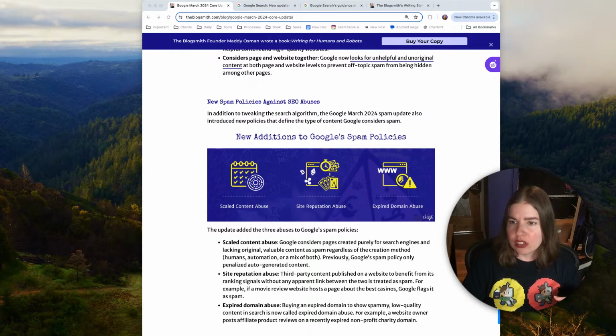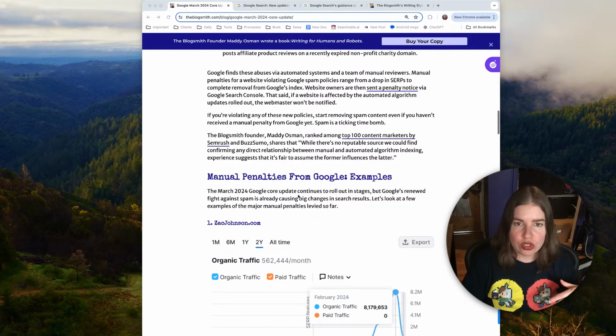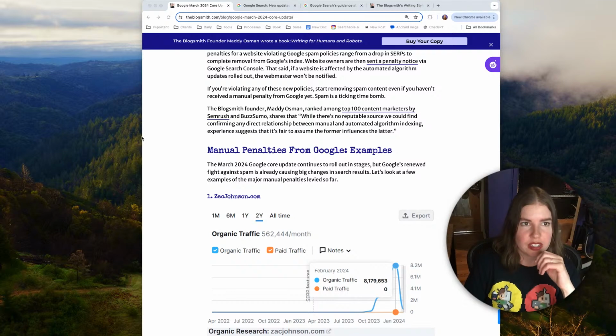I think I mentioned that with this algorithm update, the end results were a mix of automated systems and manual reviewers, and I'll give you some examples of the affected sites. So let's take a look at some of those affected sites, and then we'll probably wrap up from there.